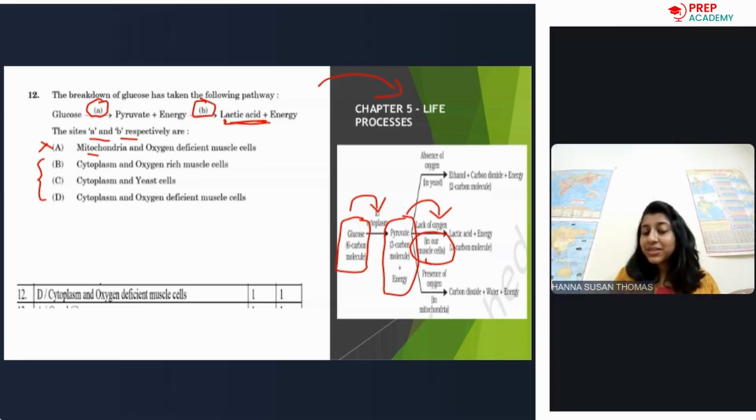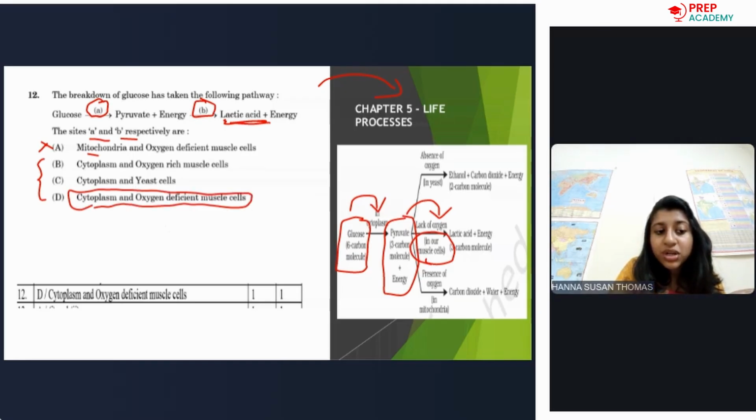So if our muscles are experiencing lack of oxygen, then only pyruvate, which is a product of conversion of glucose, can be converted into lactic acid. So what is our answer? Cytoplasm and oxygen deficient muscle cells. Option D will be our answer.